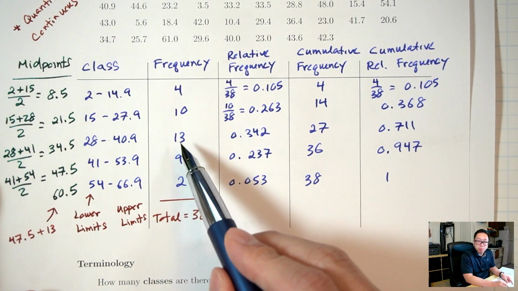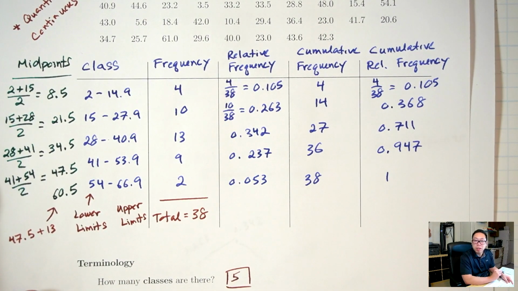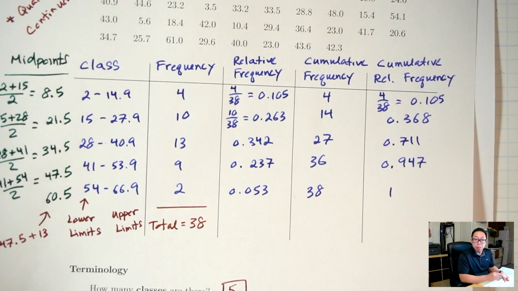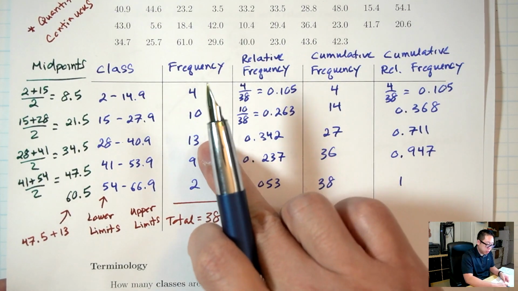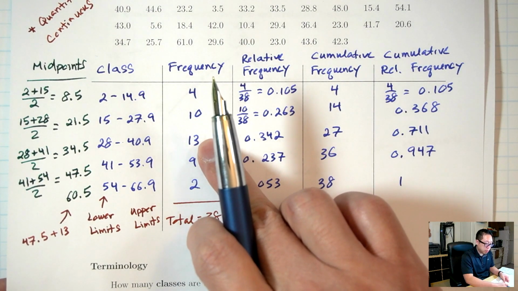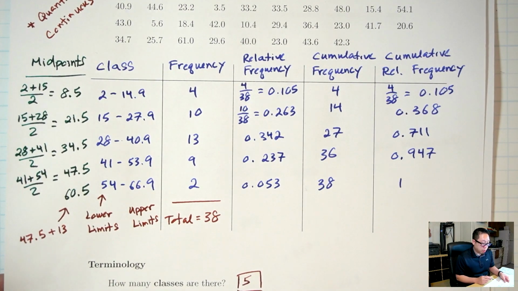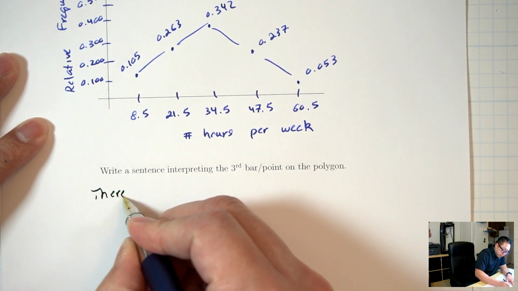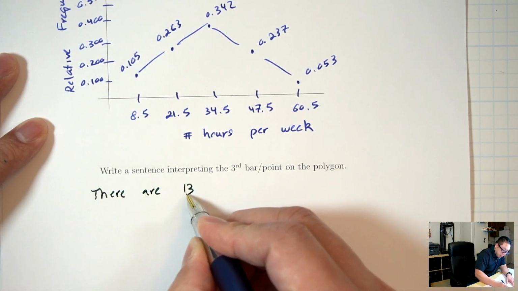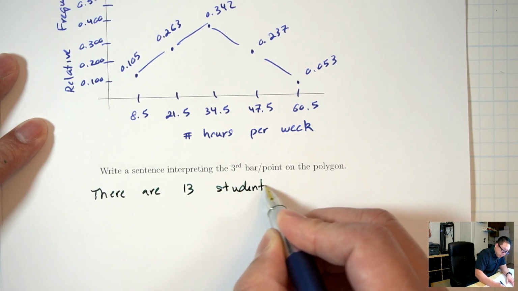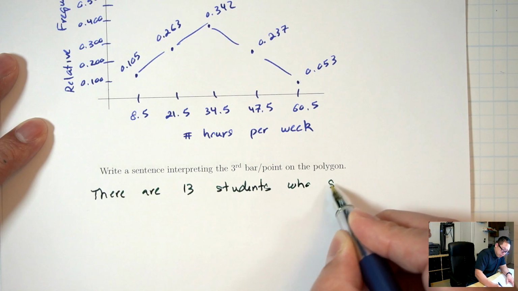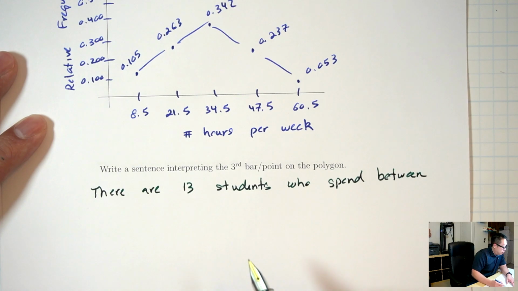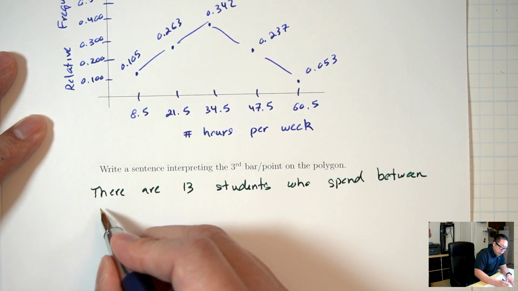So there's 13 students who spend between 28 and 40.9 hours studying, okay? So for polygons, I recommend going back to the table and then interpreting it from the table. So the 13 means that there's 13 students who spend between 28 and 40.9 hours per week studying.